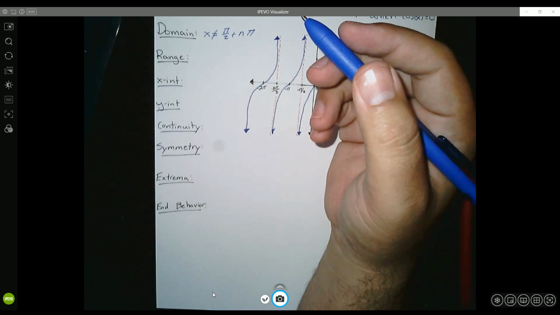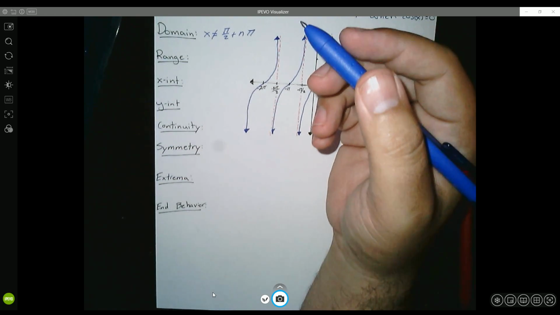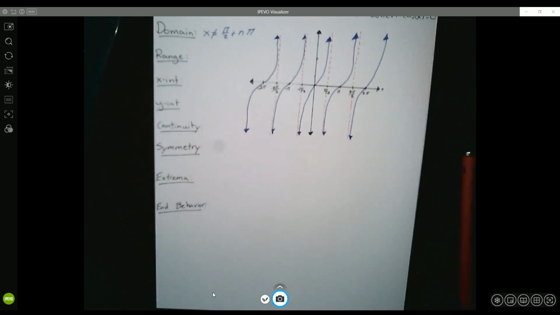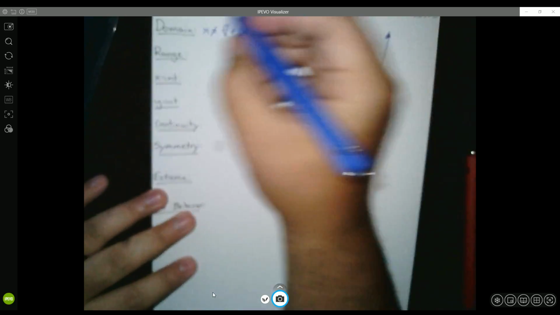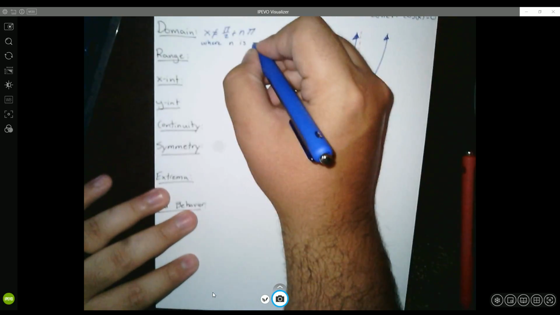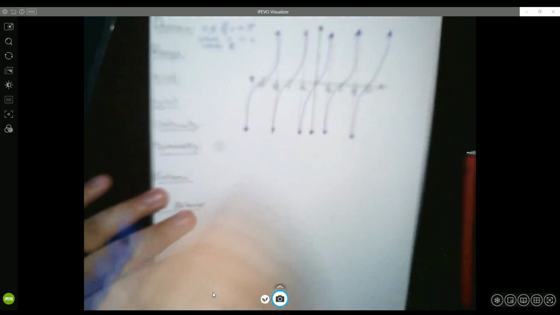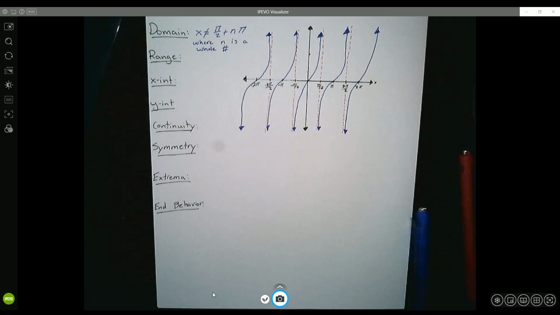It can be positive 1, 2, 3, 4, 5, 6, negative 1, 2, 3, 4, 5, 6. Any of those numbers, where n is a whole number.